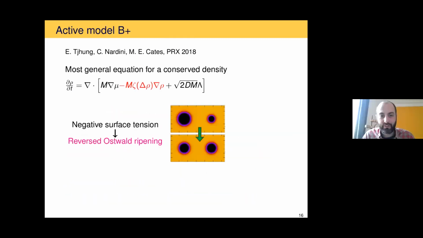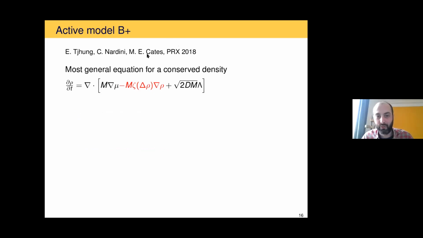You're right that when they look at active model B, they have a symmetric potential, so there is a symmetry between gas and liquid. In the microscopic model, there is no such symmetry. So you only see bubbly liquids.